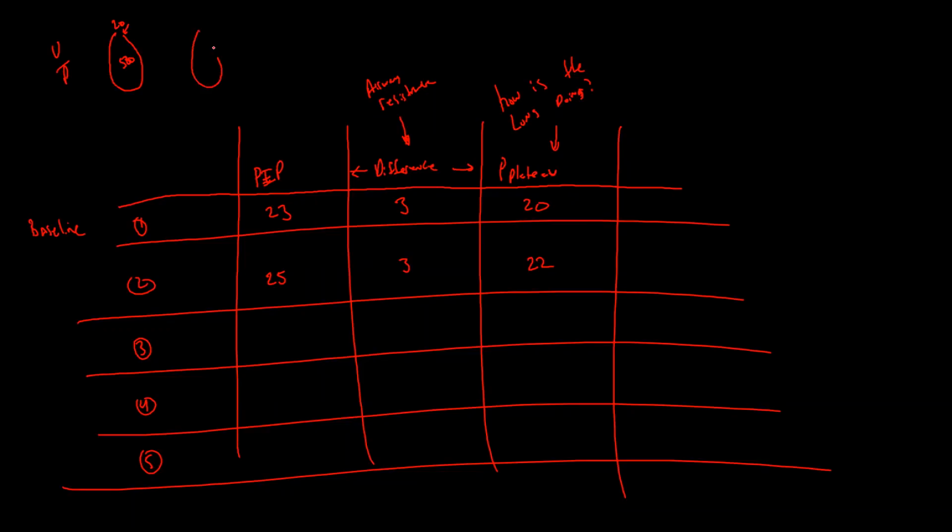Now, if I have that same volume, 500, but now it's causing me 22 centimeters of water pressure to keep that in there, my lungs have gotten stiffer. So I'm putting an arrow, meaning that the lungs want to collapse more. They're stiffer. The stiffer they are, the more towards ARDS they're becoming.